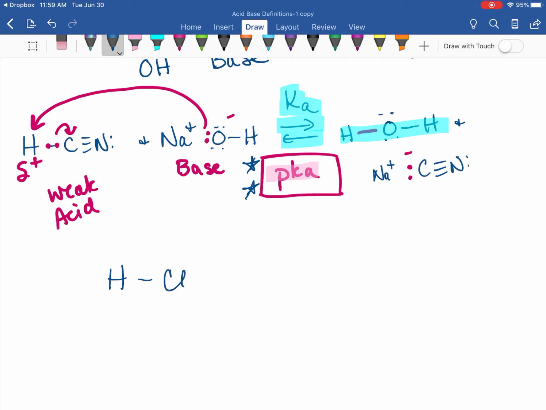As we go through history, we could take our HCl again, and then we started to discover some other reagents that reacted with this acid, but they didn't have OH. So I know in my heart you've also done this in your Gen Chem 2 class where we take HCl and ammonia.